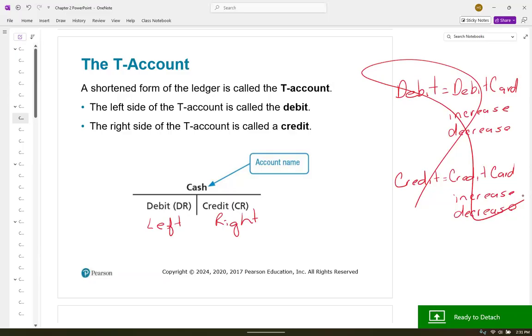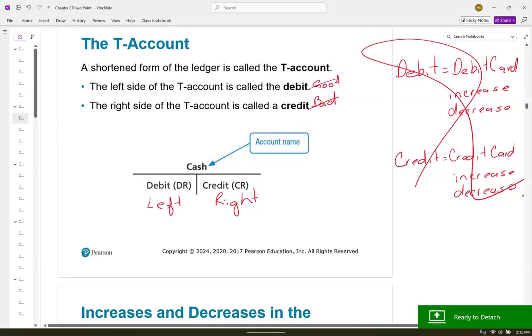Sometimes students think a debit is good and a credit is bad. They're neither good nor bad. They're just left and right, and it's just how we organize the accounting records. This is very, very important to grasp, and we're going to go through a lot of examples as we go through all of these videos. So, left and right.